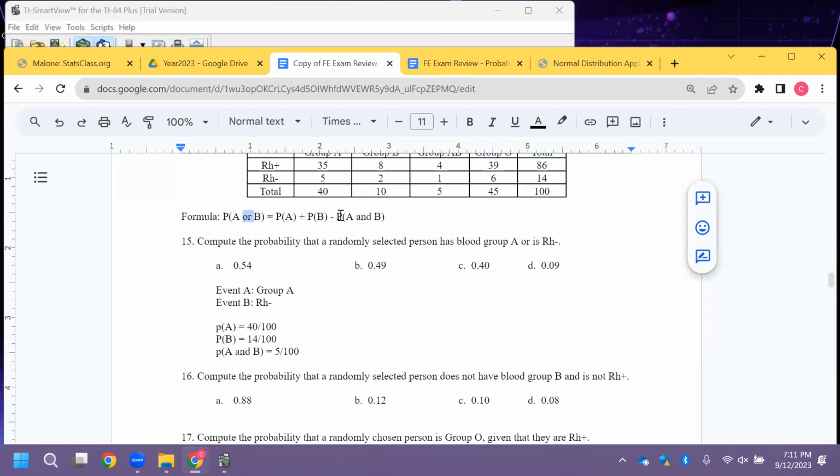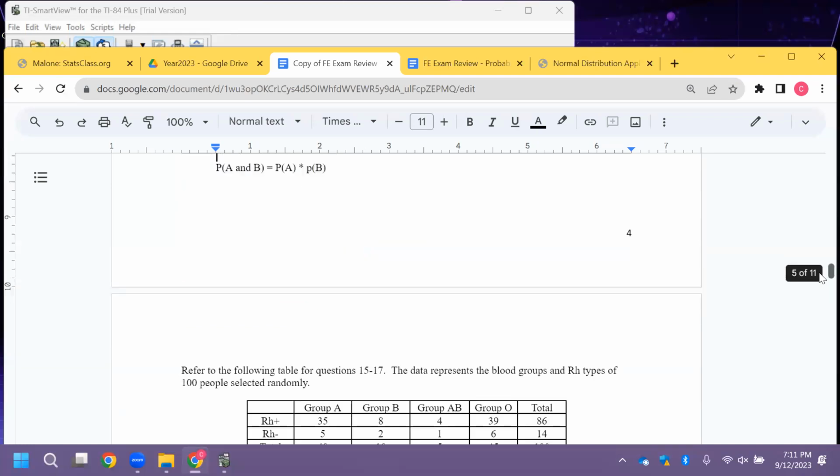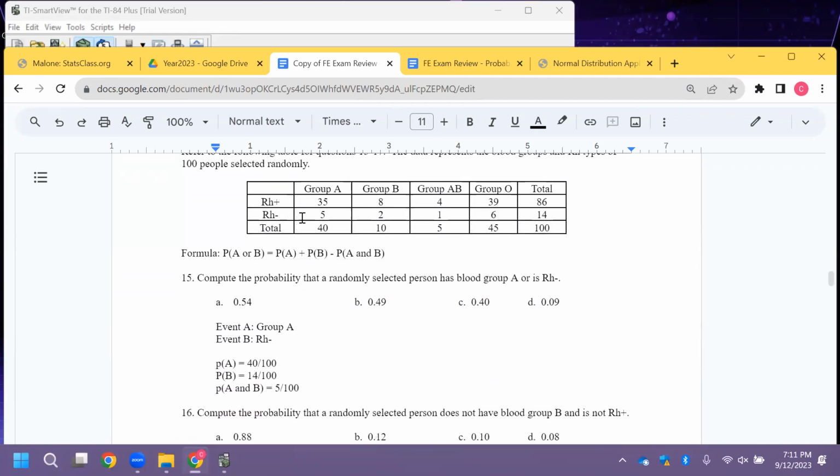If they are not Rh positive, then that means that these are all out. Sorry, if they're not Rh positive, that means this row is gone. Maybe I shouldn't delete the entire row, but these outcomes are gone. And if they're not in group B, then that one's gone.